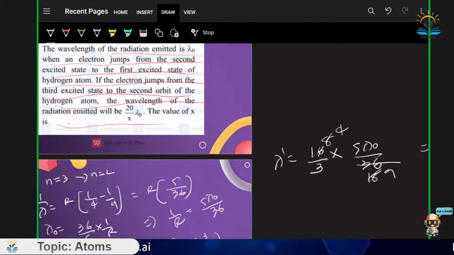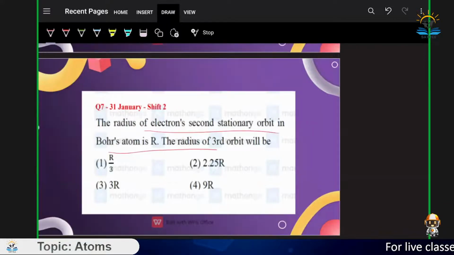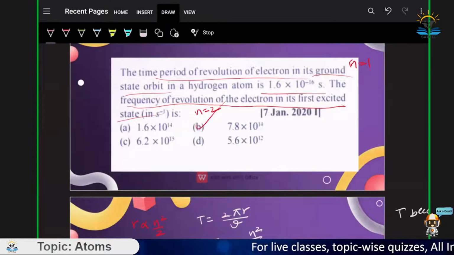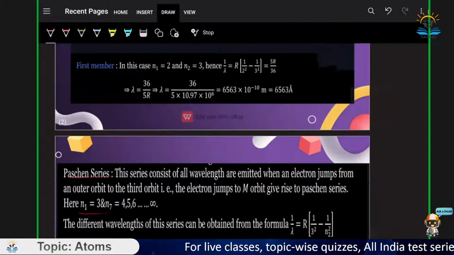Similar type of question. The radius of the electron's second stationary orbit in Bohr's atom is r. The radius of the third orbit will be? Let me again revise. What is the formula of radius?